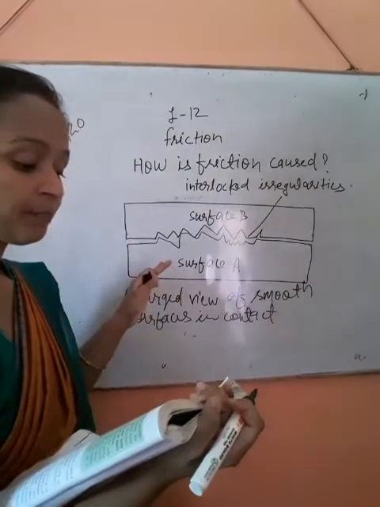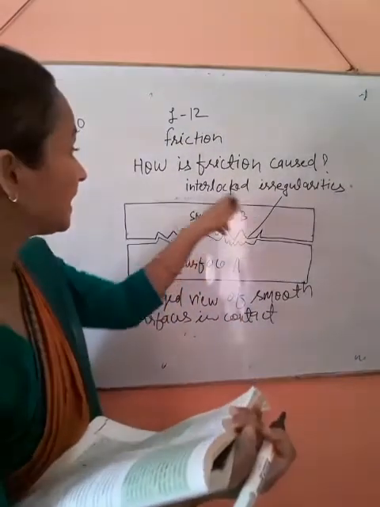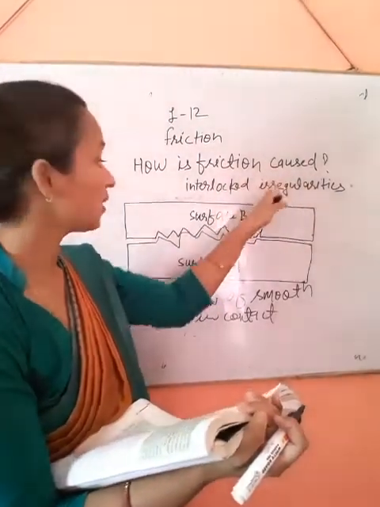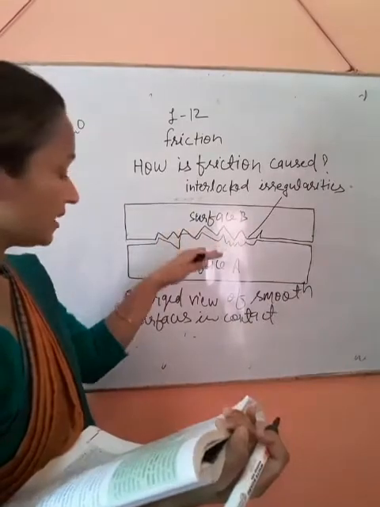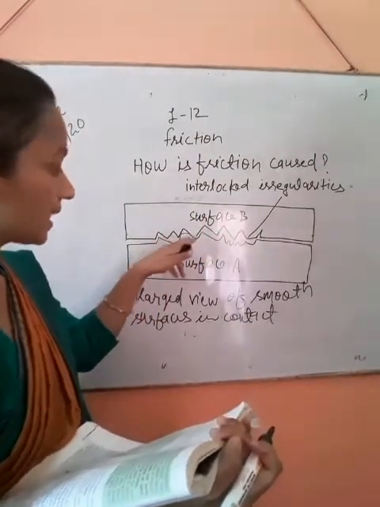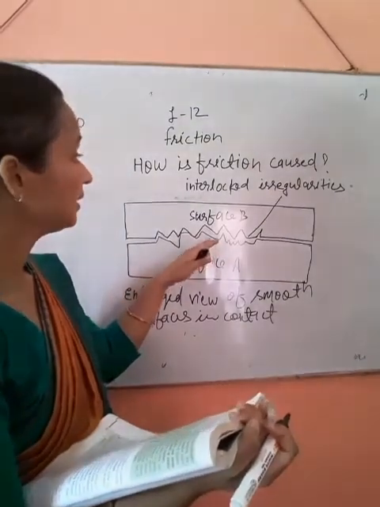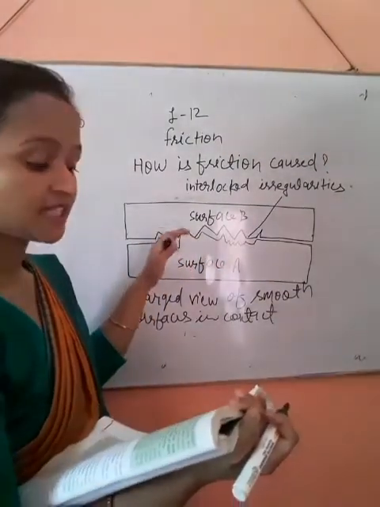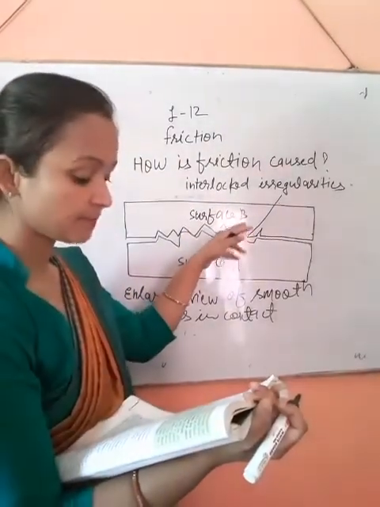As you can see here, these are the interlocked irregularities.